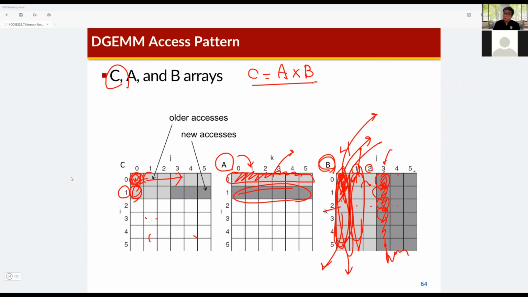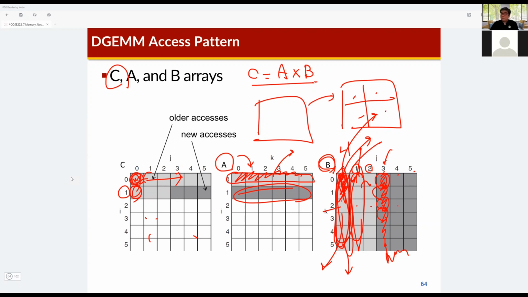How can we improve the performance of this application? If the matrix size is large, then we can divide this large matrix into small sub-matrices like this.